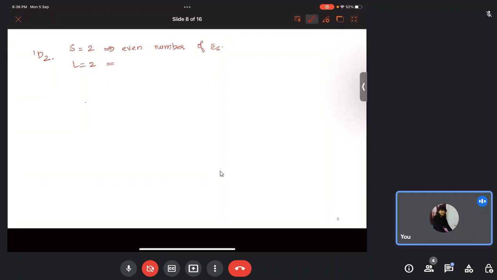So it says that either you have l1 equal to l2 equal to 1, or you have only one electron in a d orbital. The latter is not possible because you have an even number of electrons; you need at least two electrons.